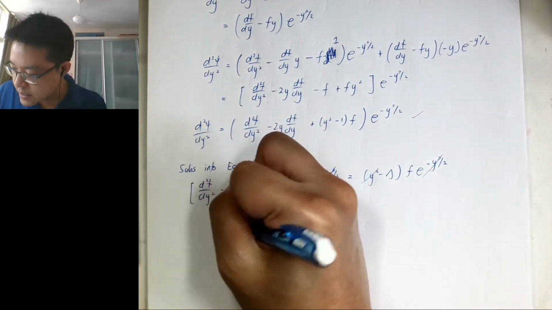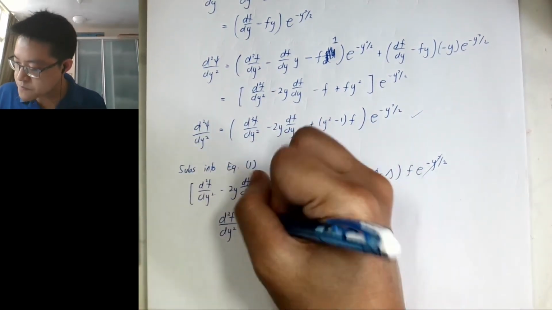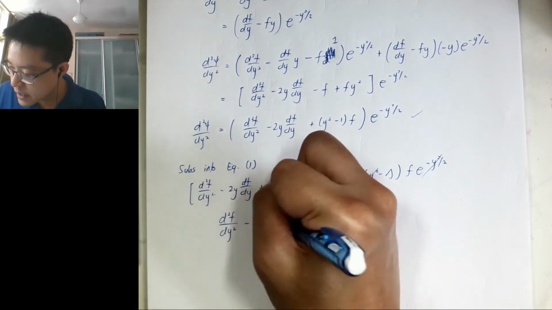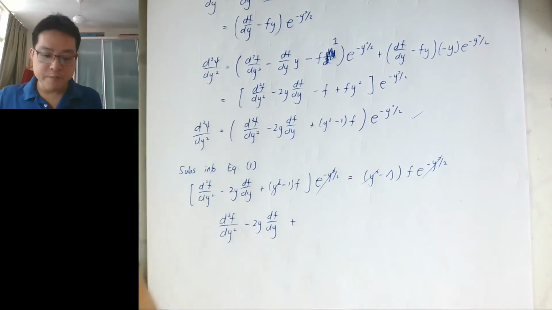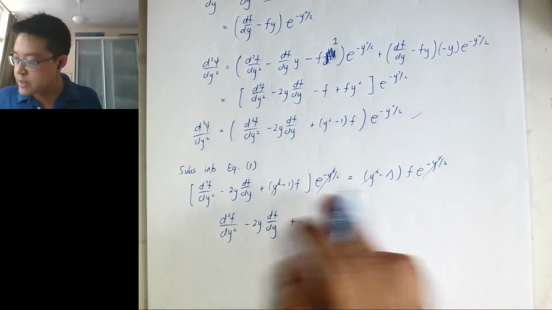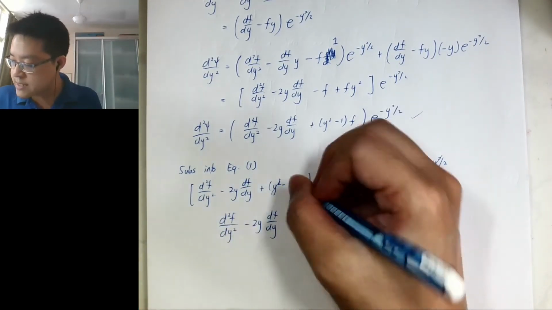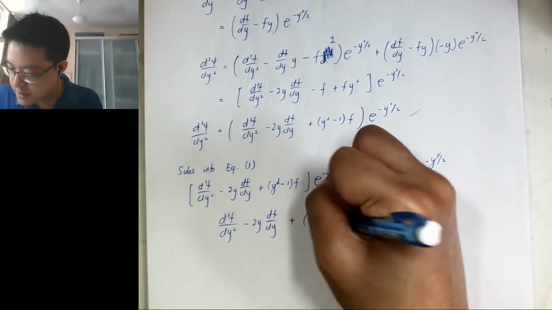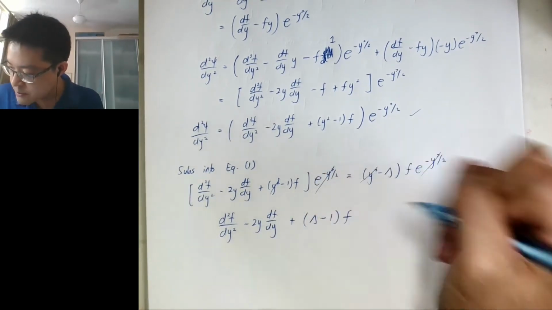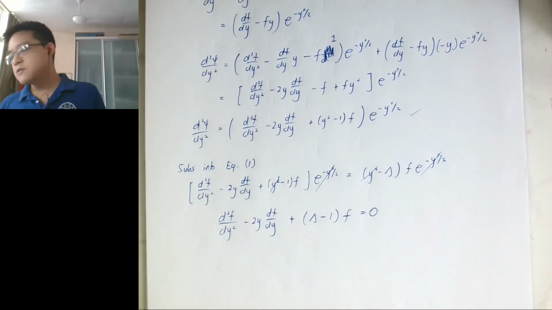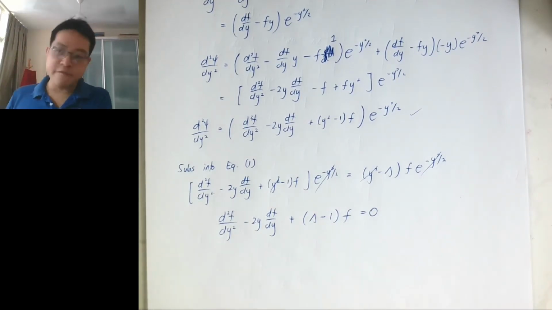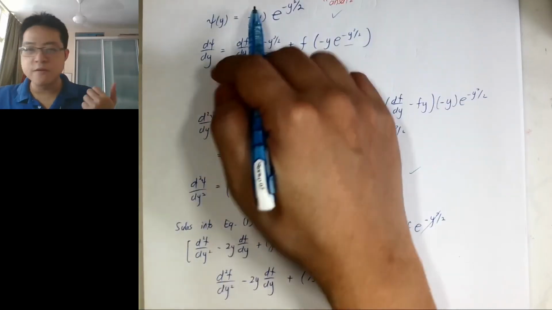So I got the second derivative of f minus 2y df/dy, and then plus lambda. If I bring this over, it has an f, minus 1 has another f, so this becomes lambda minus 1 times f equals 0. Okay, so I now have another differential equation, this time for the unknown function f.